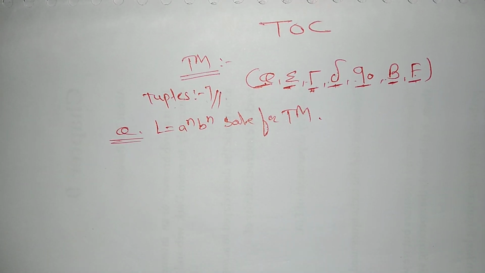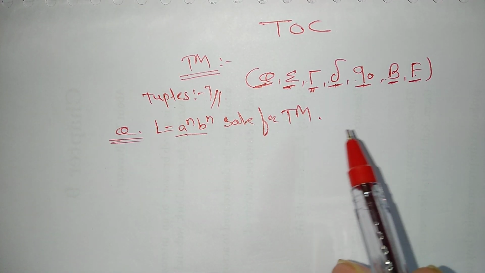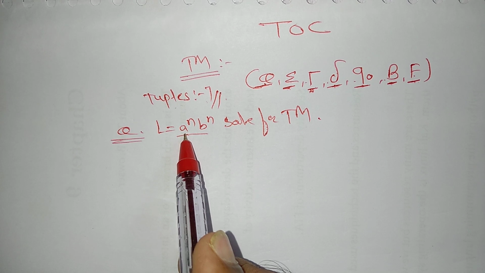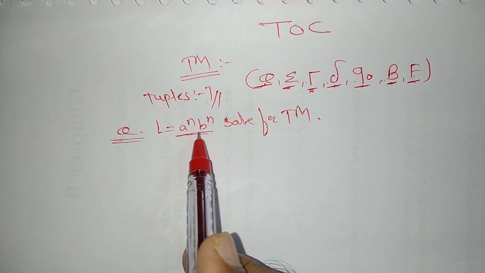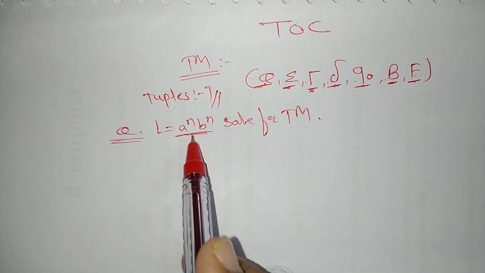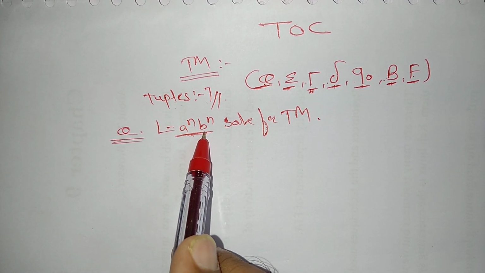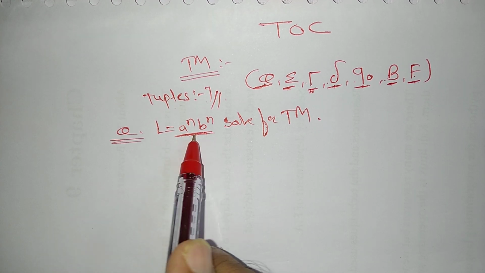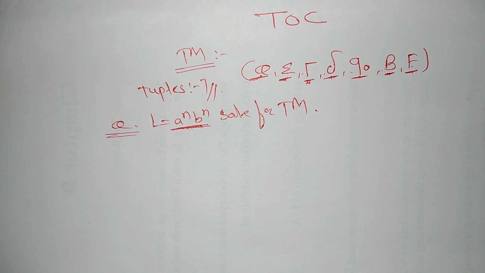We have seen this example since our very first concept, whether it's regular or not. After that we saw in pushdown automata whether it's a context free grammar or not. After that we see whether it's decidable or not. This is a very basic example which we are going to see with the Turing machine.